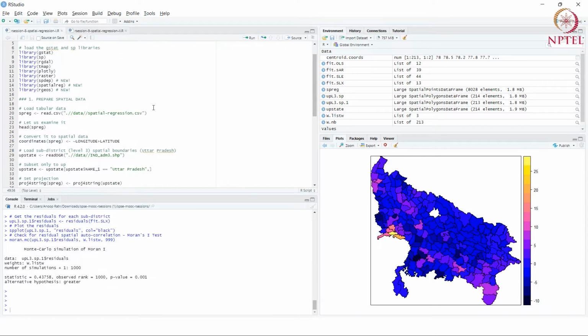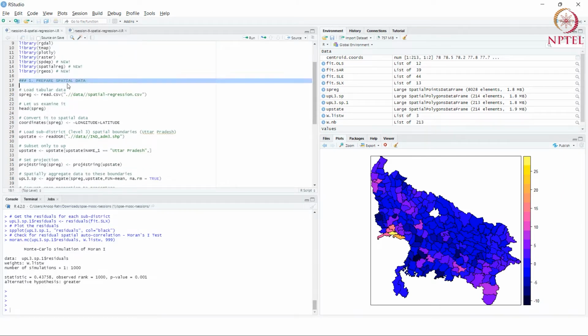All right, so before I go to today's code, I'm just going to briefly review our code from last time. So remember, as step one, we prepared our spatial data. We first read in some data from a CSV file that has data on post-monsoon groundwater levels, rainfall, temperature, and cropping.